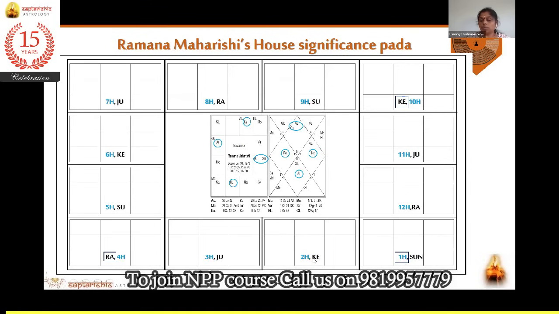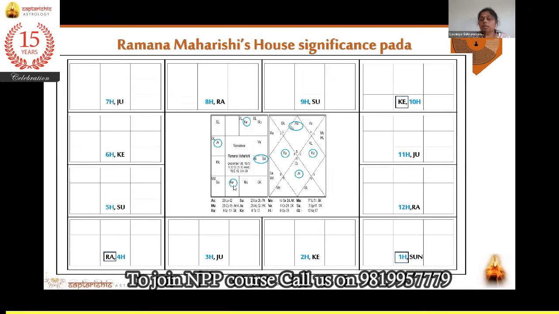See, 2nd house has Ketu, 6th house has Ketu, and 10th house has Ketu. Same way, the 7th house, the Kamatrikon, which is 3, 7, 11, will have Jupiter influence. So 3rd house has Jupiter, 7th house has Jupiter, and 11th house also has Jupiter.